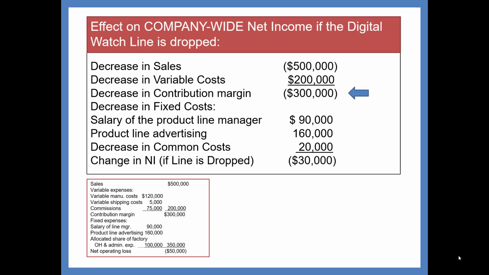Notice that we could have just started with the contribution margin. That would be a shortcut. If we lose the contribution margin of the digital watch line, company-wide income would go down by $300,000. And then we could evaluate our fixed costs from there.